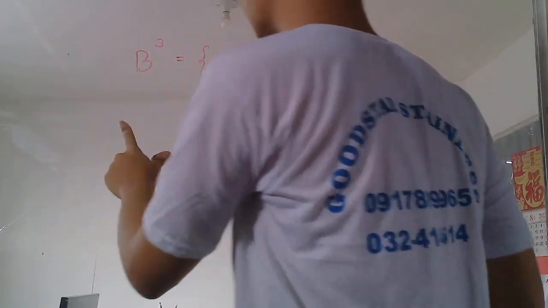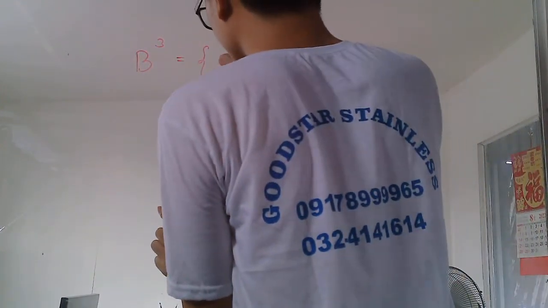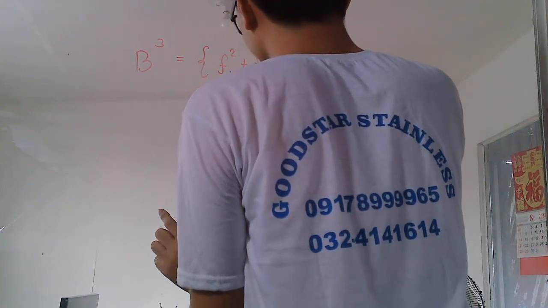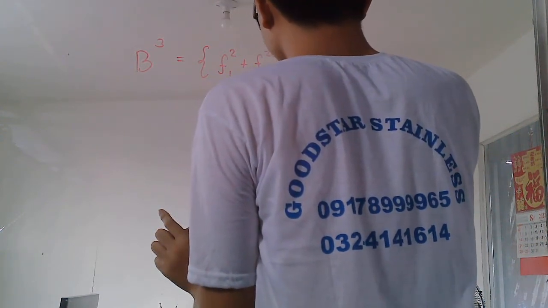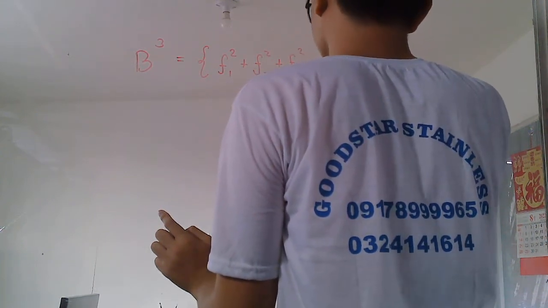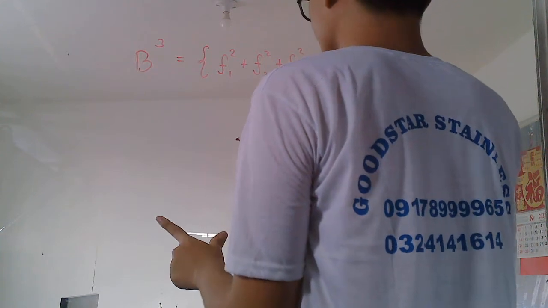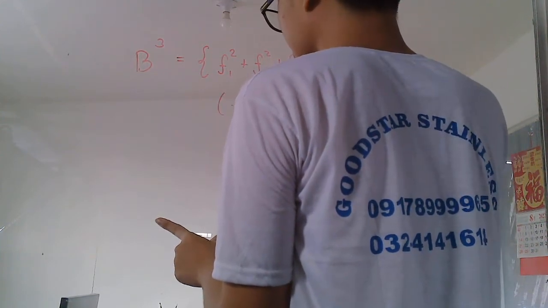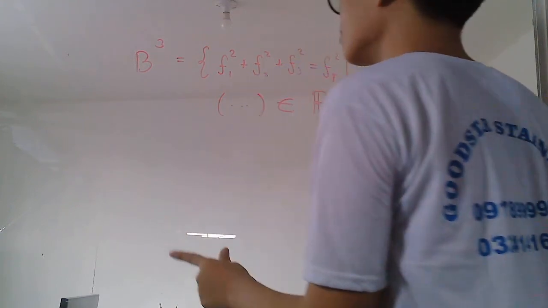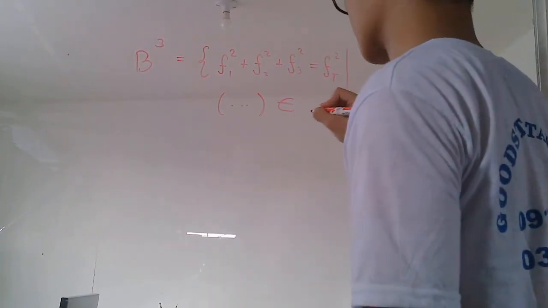So F1 squared plus F2 squared plus F3 squared is equal to some FR squared, such that these three things, which I'll just say dot dot dot because it's so tedious to write, are part of our F space.